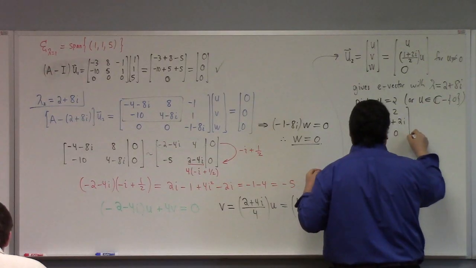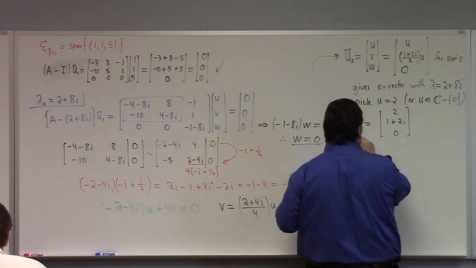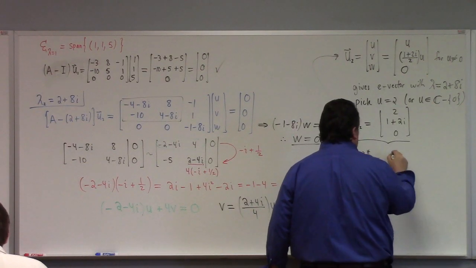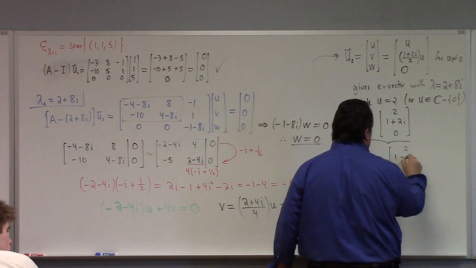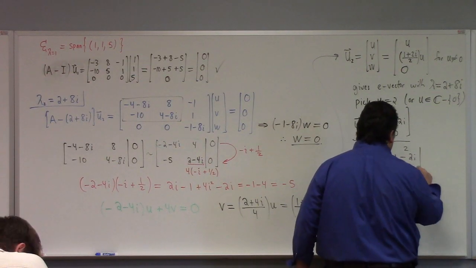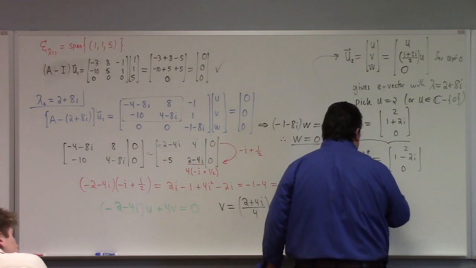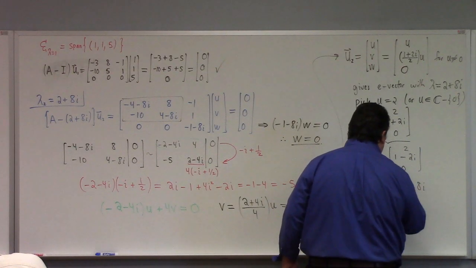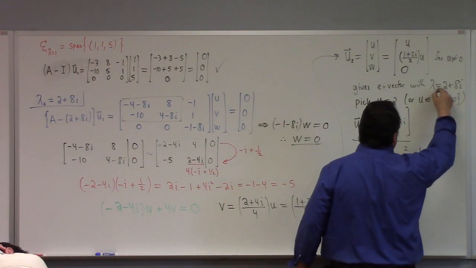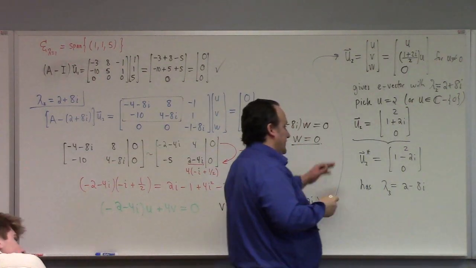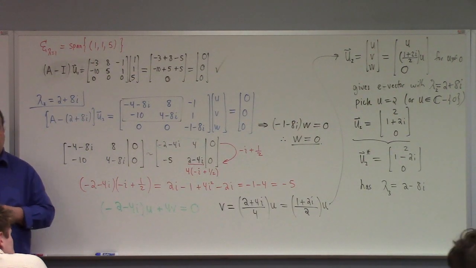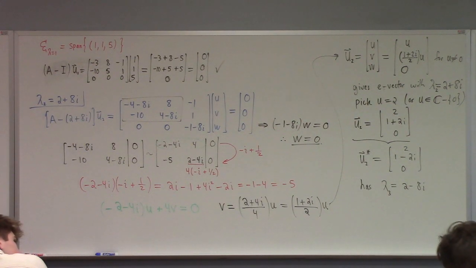By the red comment, u2 conjugate, which is going to give us 2 times 1 minus 2i, 0, has lambda equals 2 minus 8i. I'll call that 3. I'll call this u2, lambda 2. I don't need to do any further calculations. That's the complex eigenvector with conjugate eigenvalue 2 minus 8i.